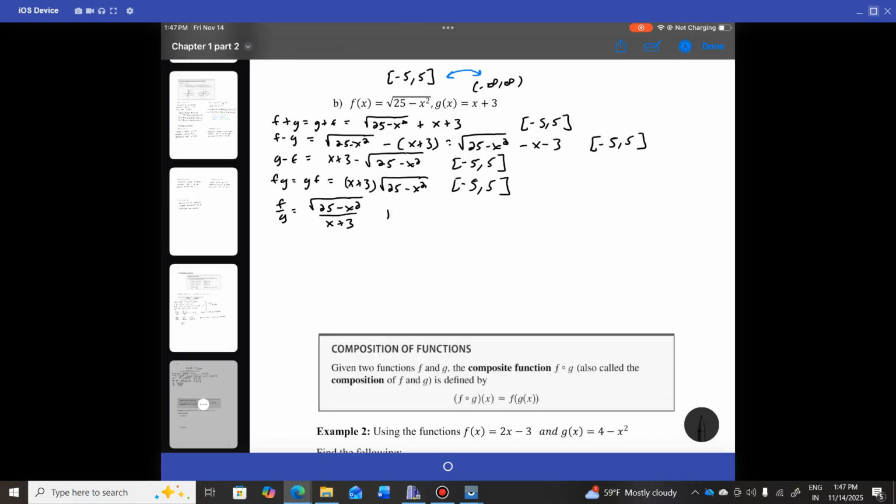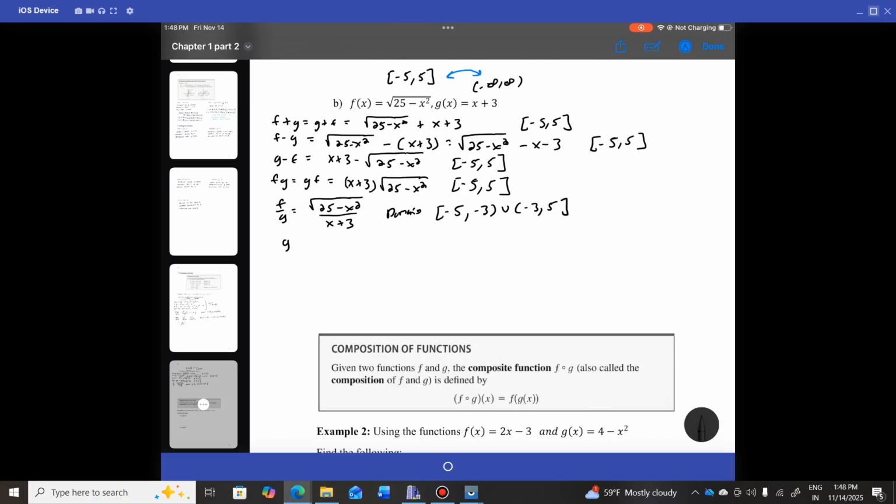And so the domain here is from -5 to -3 union with -3 to 5. The 5 and -5 are still included here. -3 is not included.